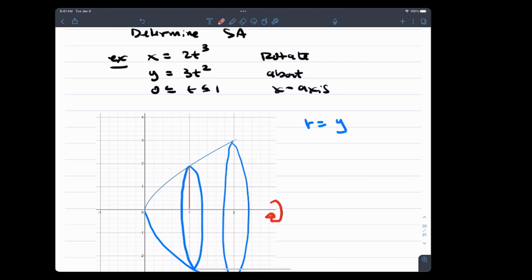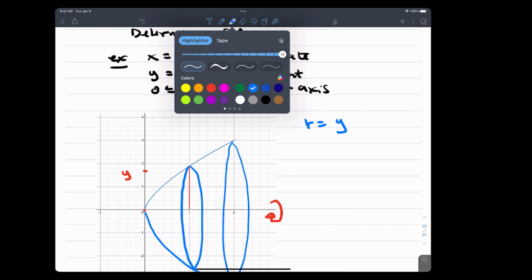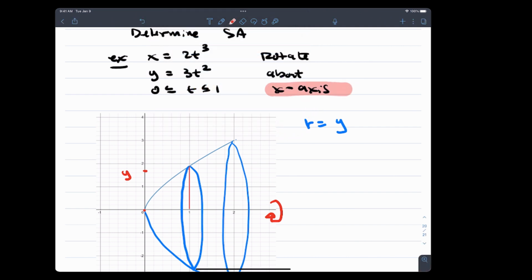It's vertical. Okay, you guys okay with that? So that's why I mentioned it's going to be very simple. If you rotate about the x-axis, then your radius is y.